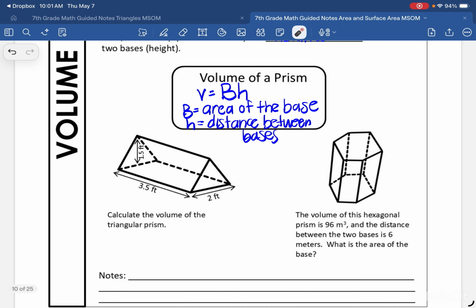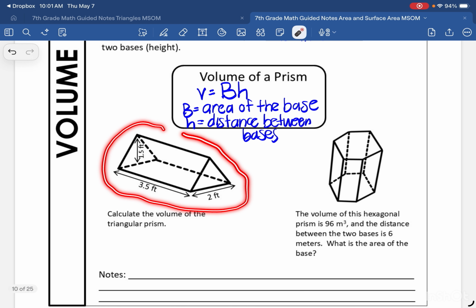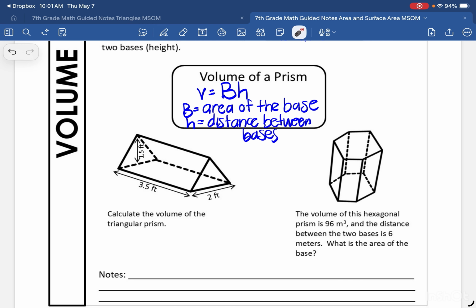So looking down at this prism, we're going to find the volume of it. So it says calculate the volume of the triangular prism. So we need to find first the area of the base, which is going to be 2 times the perpendicular height, which I can see back here. So 2 times 1.5 feet.